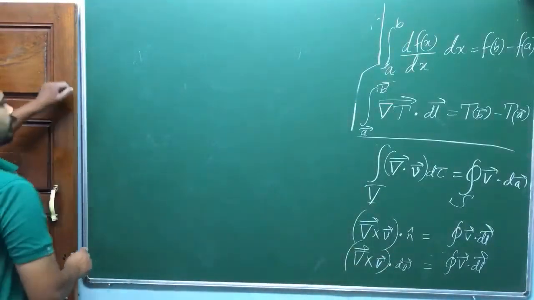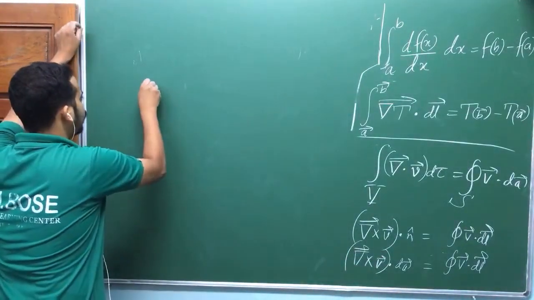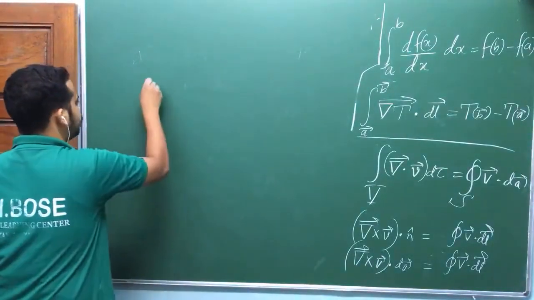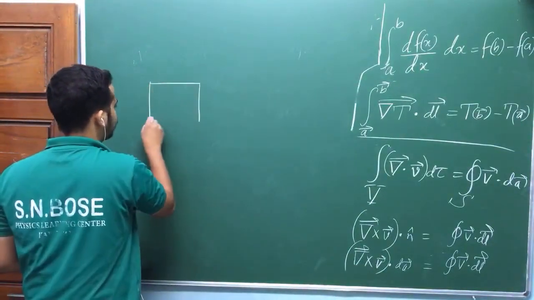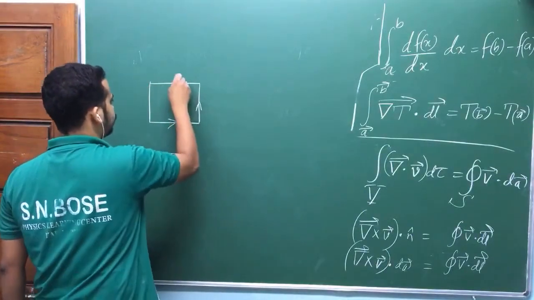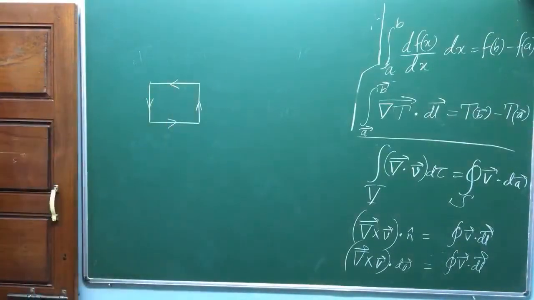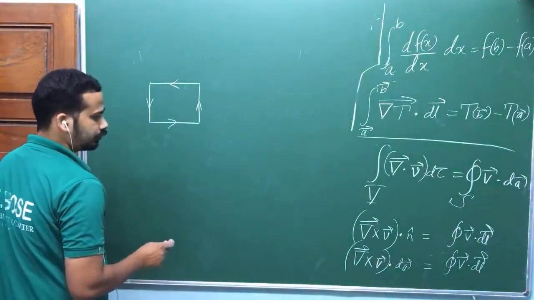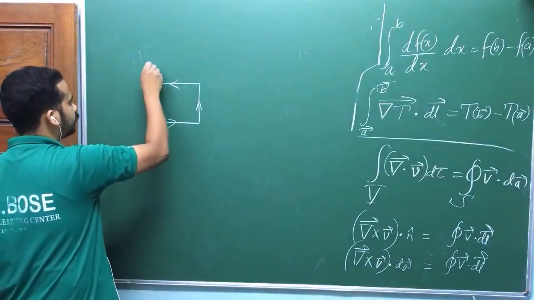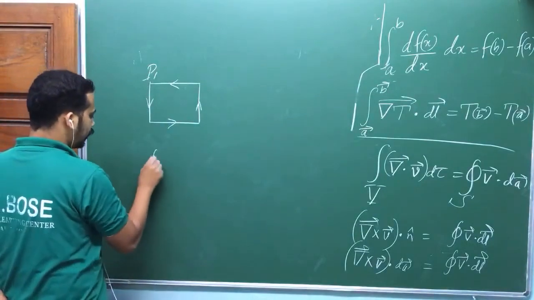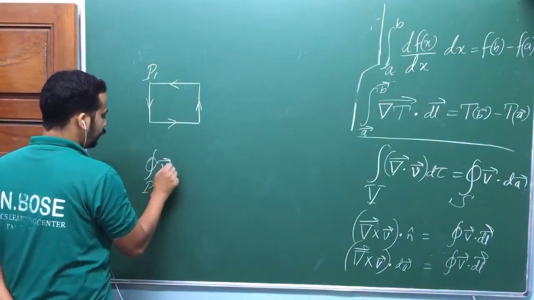Let me quickly explain one more part here. Suppose you have taken one closed path integral. Let me take it as P1, path integral 1, the integral over P1 of v bar dot dl bar.